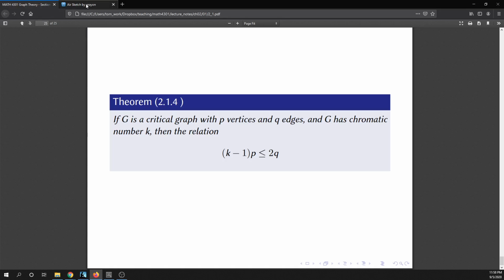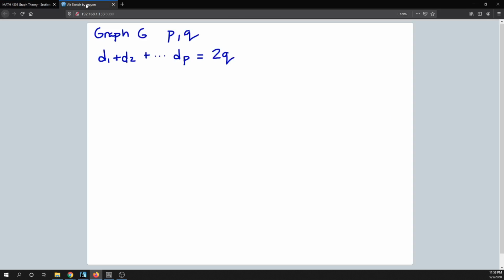So that means that the degree is at least K minus 1, one less than the chromatic number. So D1 is greater than or equal to K minus 1, D2 is greater than or equal to K minus 1, and all the way out to D sub P. So we can replace all of those by K minus 1.